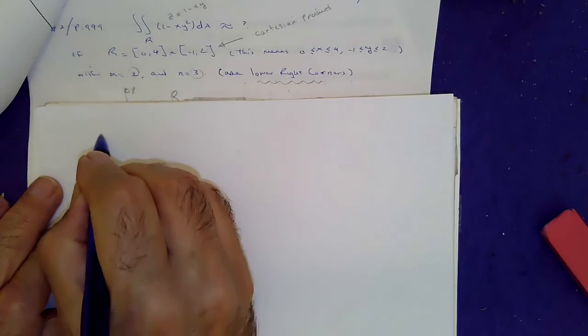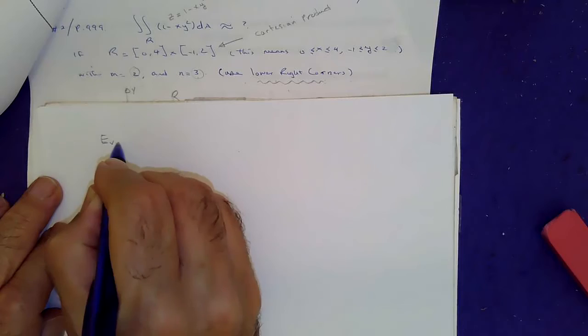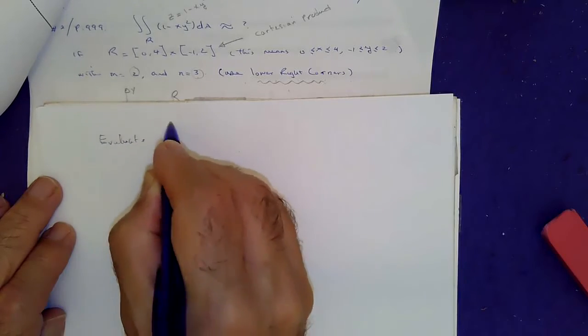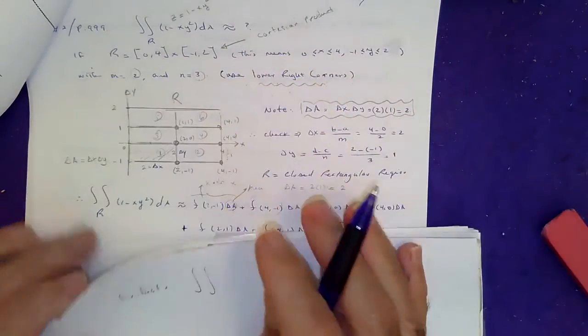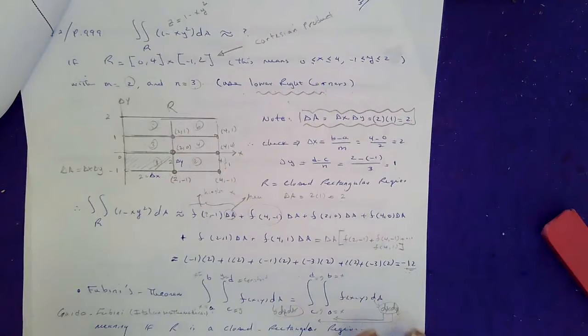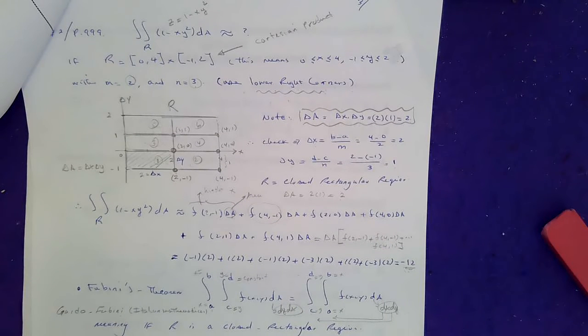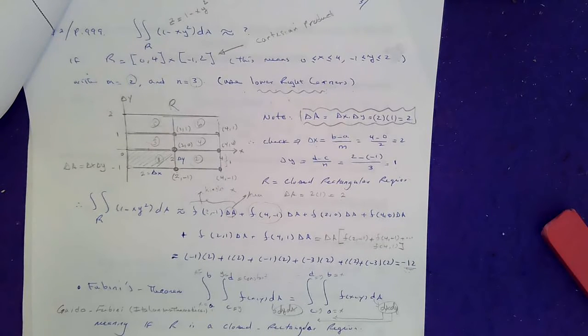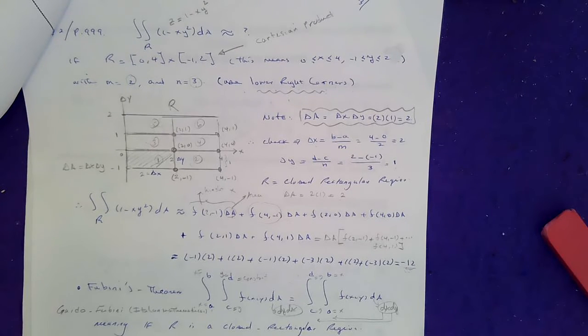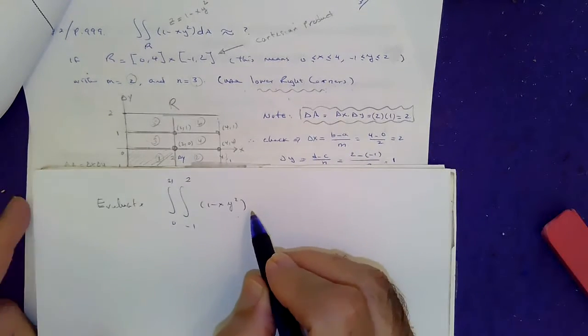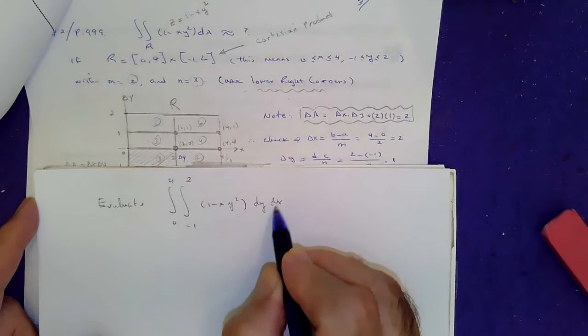Just suppose we were asked to evaluate this double integral, going from, say, -1 to 2, and 0 to 4, of 1 minus xy squared, dy dx.